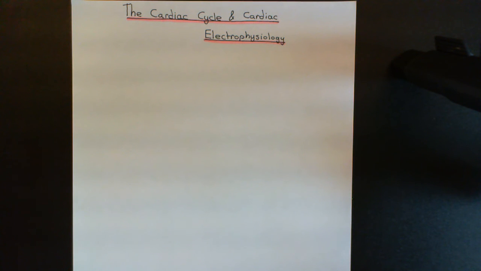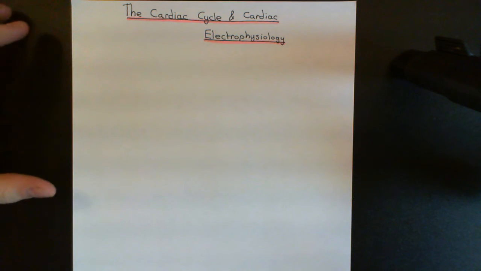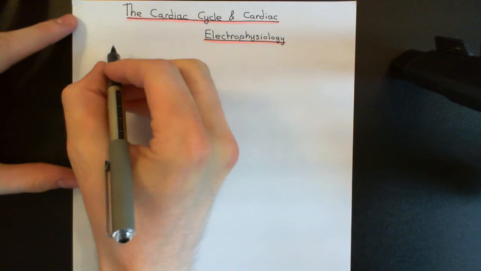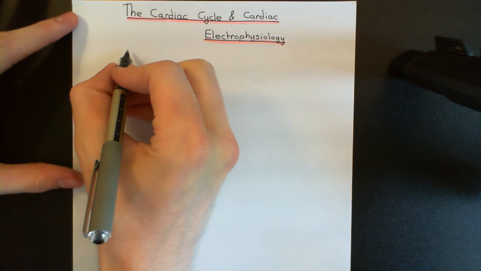So I will start by showing you the picture that I'm going to use throughout the video, which is very simple to draw and very easy to look at. But I want to make it absolutely clear to everyone what the picture is actually showing.